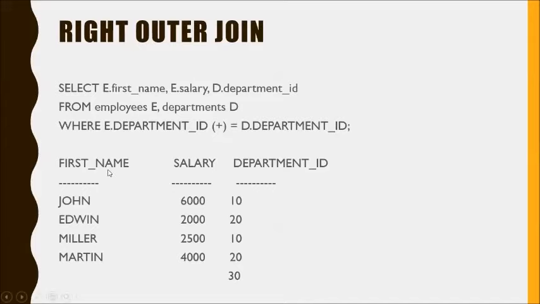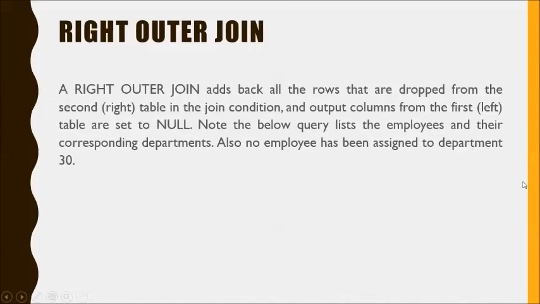The sample output consists of three columns: the first name, the salary, and the department ID. As mentioned in this slide, no employee has been assigned to department 30.